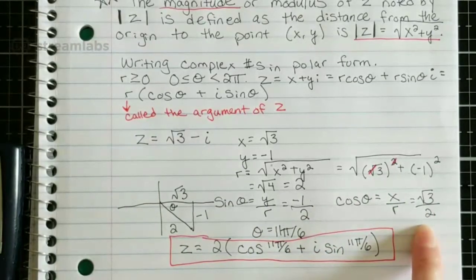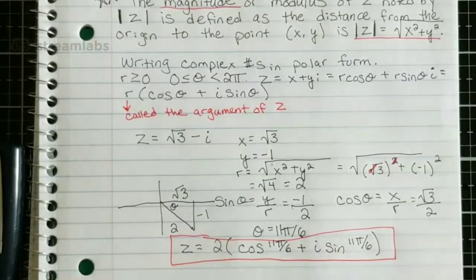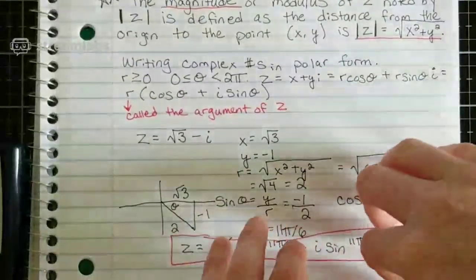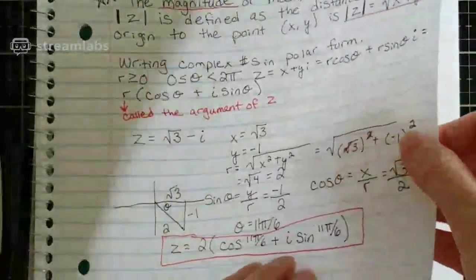A lot of times they're not going to come out that nice and pretty. So this is what you're going to do for, this is actually I think number 21 in your book. Most of the time they're not going to be nice.